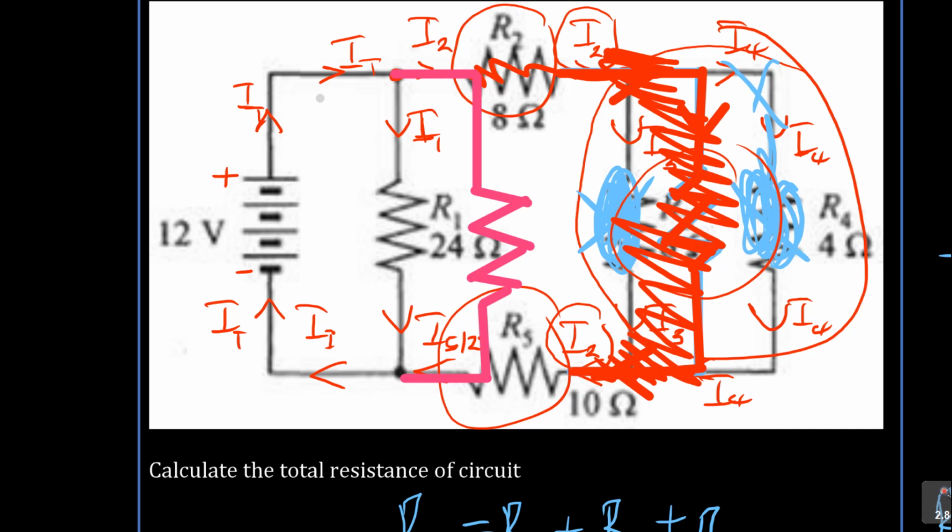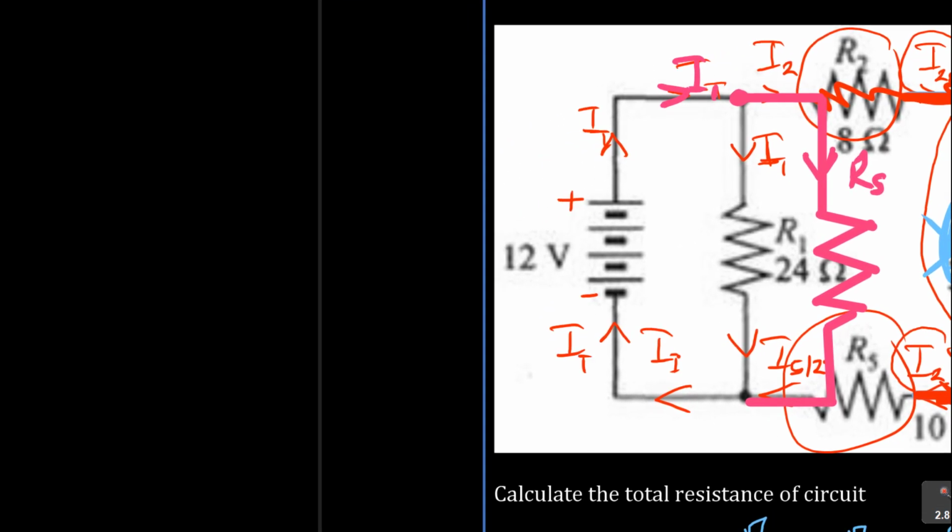Now meaning my I here is going to split into what? I1 and this I of the new R series that we calculated. Alright, but they are in parallel. So let's do that. That is now the final. Now we're looking at the last two resistors. We're going to call it R total, which is our R parallel, but is in parallel.